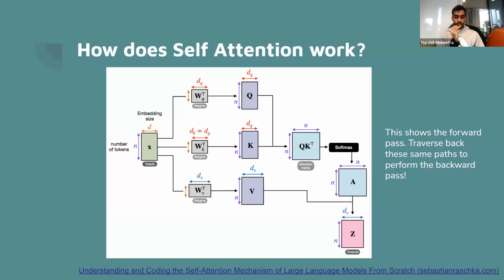What you get finally is n tokens again, but this time the representation is of dimension dv, and the representation of each token has the context of other tokens in accordance with whatever attention weights were calculated. The equations for both the forward and backward have been described in a lot of detail in the write-up. So you should go through the write-up and understand how this entire mechanism works.